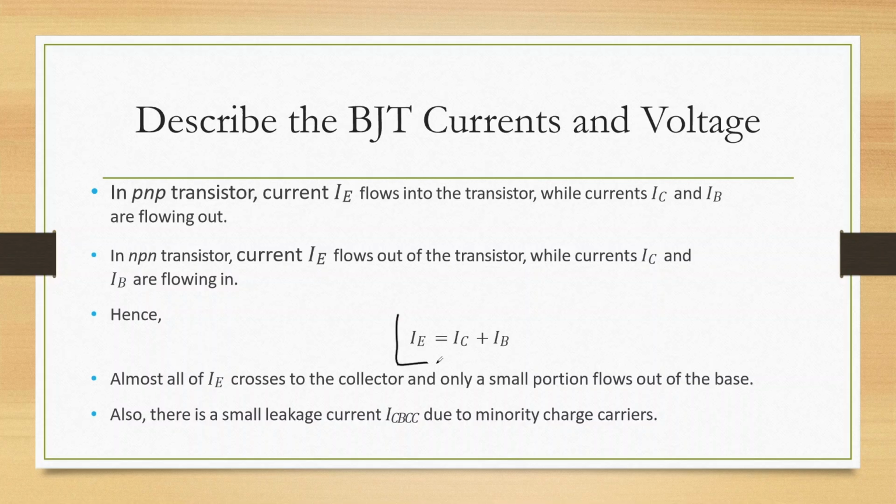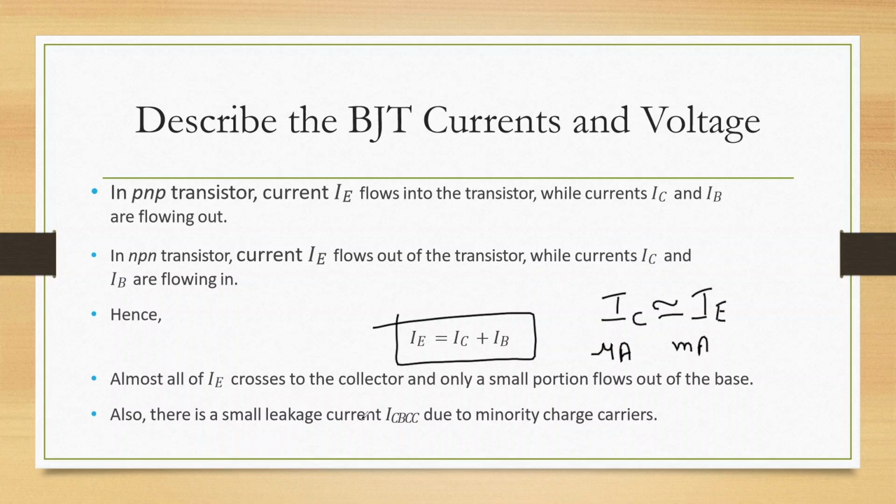On the whole, you can say the emitter current will be equal to the sum of the collector current and base current. So IE crosses to the collector and only a small portion flows out of the base. Approximately IE is equal to IC, because the base current will be very small. Base current will always be in terms of microamps, and these two can be in terms of milliamps.